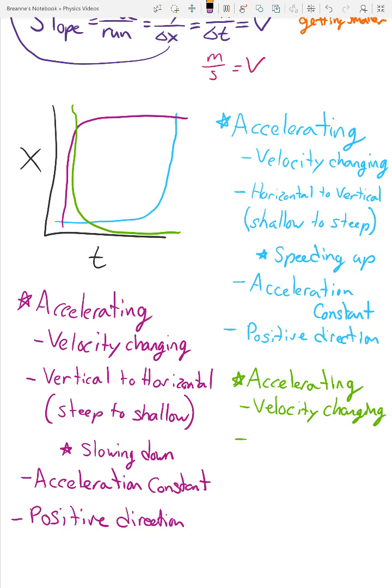How is it changing? Again, we're going from vertical to horizontal. So if we're going vertical to horizontal, we're going from steep to shallow. Again, that's just another way of looking at it. So that's telling us we are slowing down.